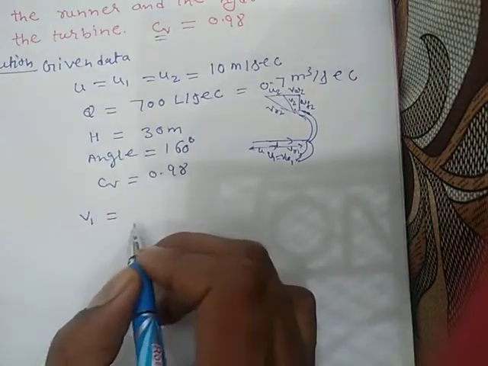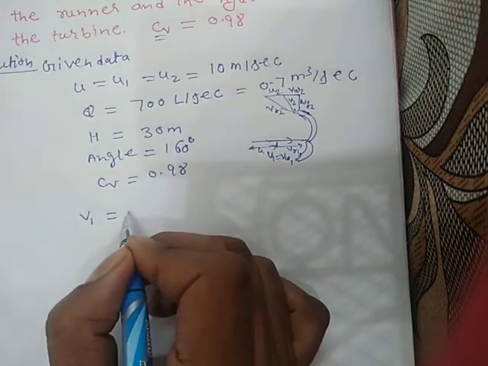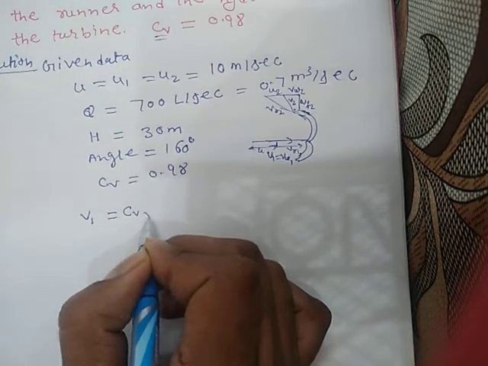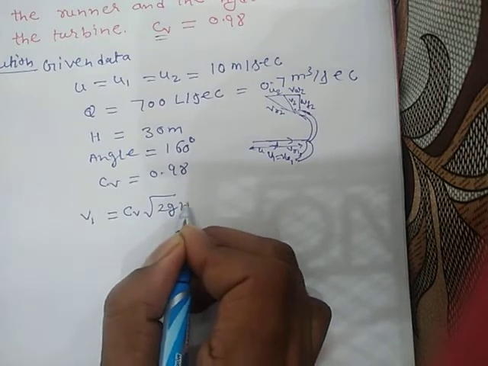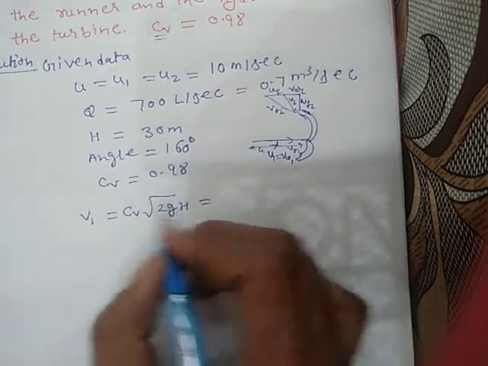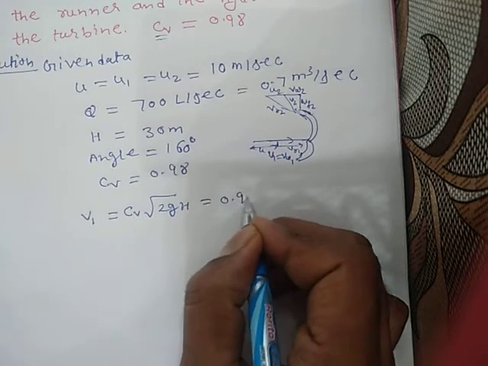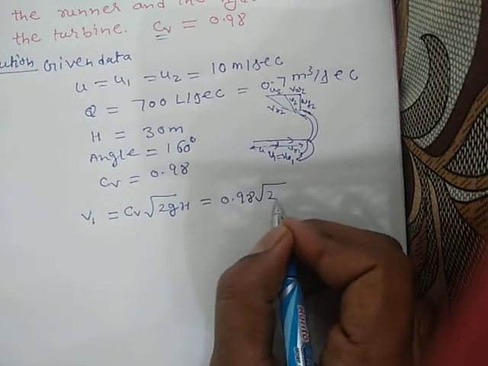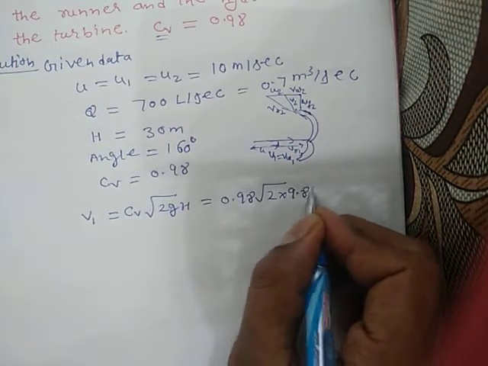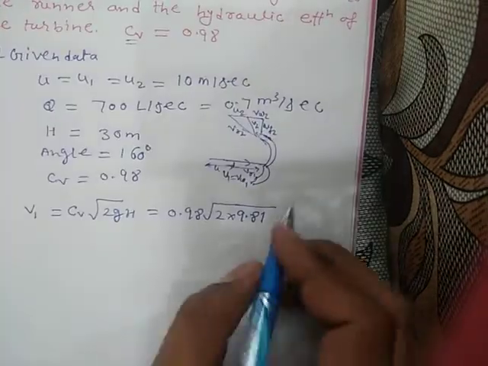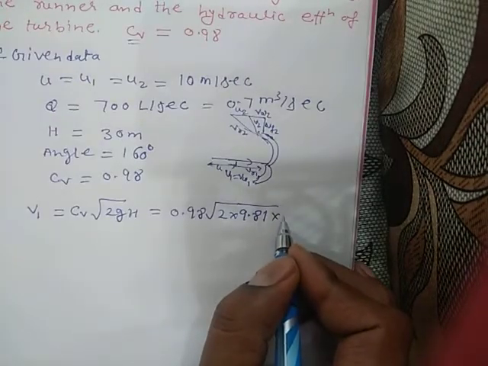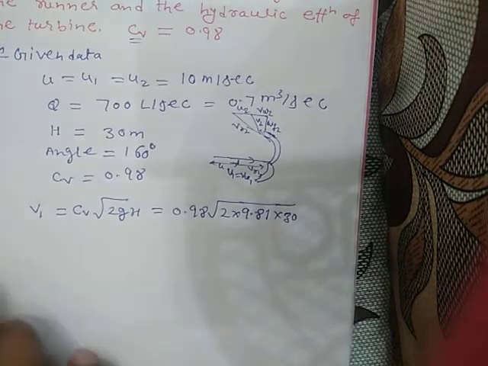So V1 is equal to CV under root 2gH. We have the value of CV as 0.98, under root 2 into 9.81 into H, which is 30. So just calculate.